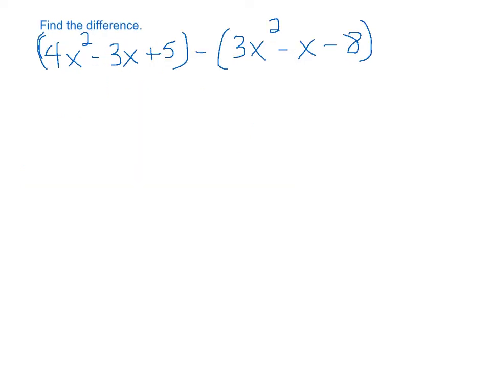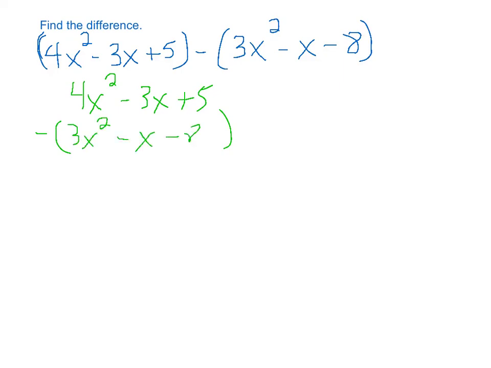Alright, now we want to find the difference. We're taking one polynomial and subtracting it from another. So again, I'm going to change it from a horizontal arrangement to a vertical. So I've got 4x squared minus 3x plus 5, and I want to subtract all of this polynomial, 3x squared minus x minus 8.